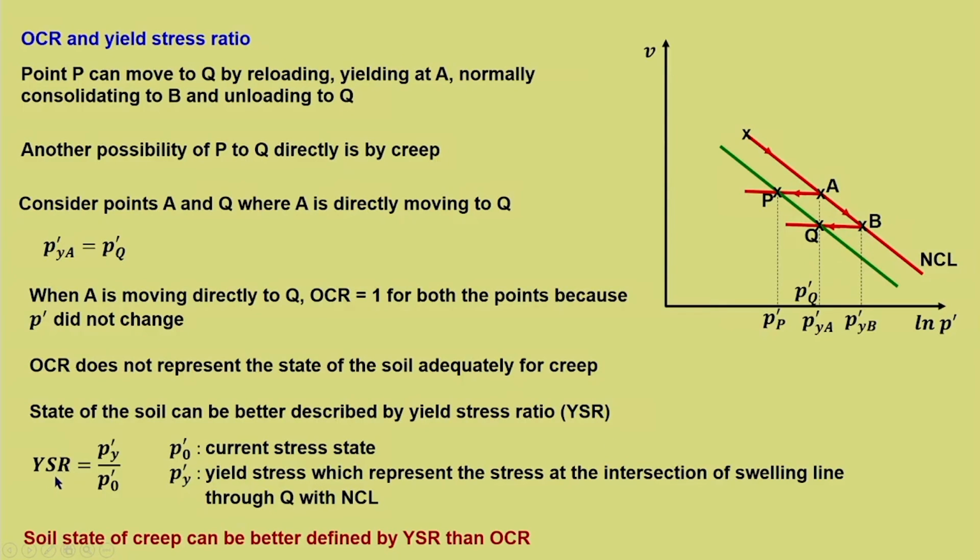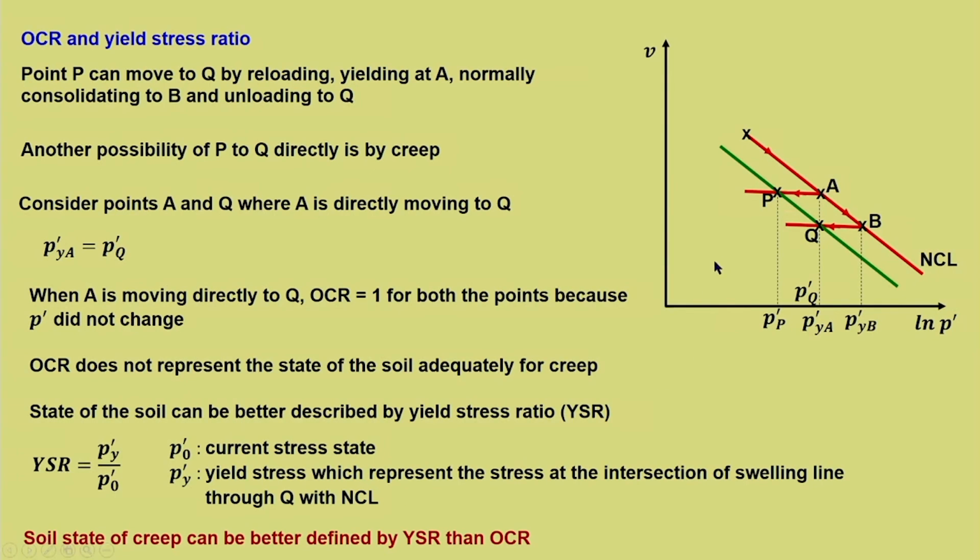But if you are defining in terms of yield stress ratio, which is always with respect to P dash y, then, for example, if you are referring to point Q which is below A, you are referring to a swelling reloading line with a slope of kappa which meets NCL at B. So, for this the reference yield stress will be P dash y B. So, P dash y B upon P dash Q will be the yield stress ratio at Q, which is always greater than 1, whereas the yield stress ratio at A is P dash y A upon P dash A, which is equal to 1, which is a normally consolidated condition.